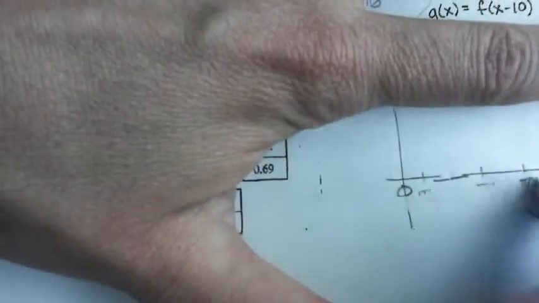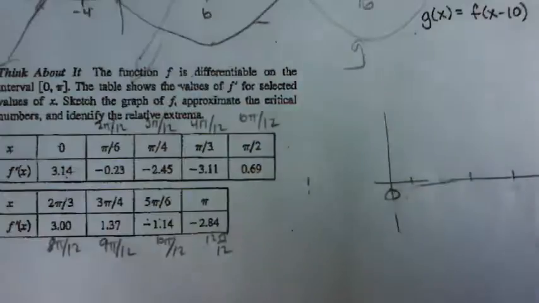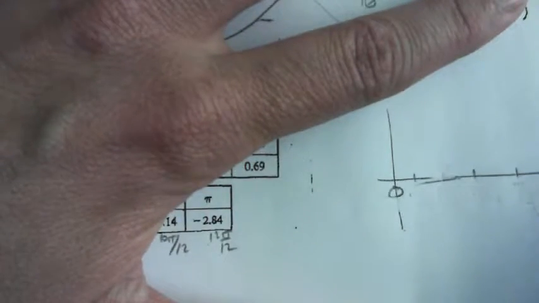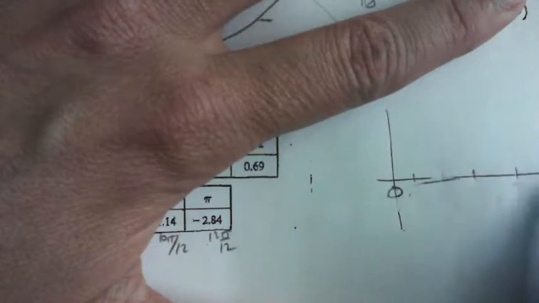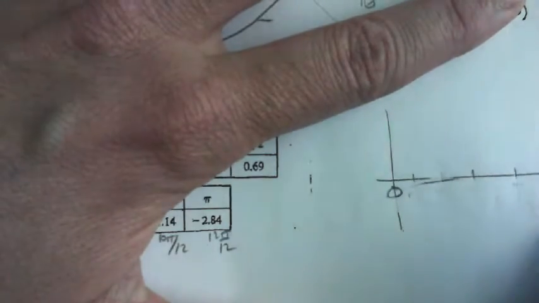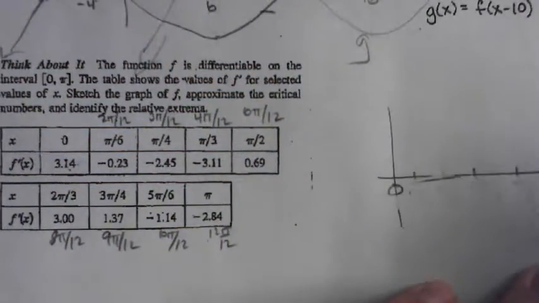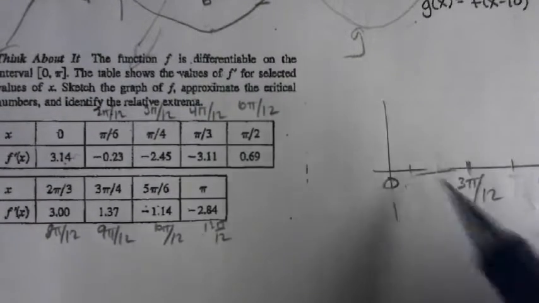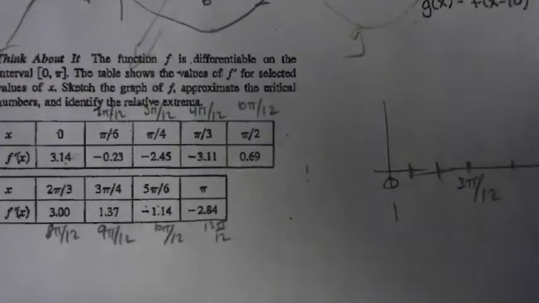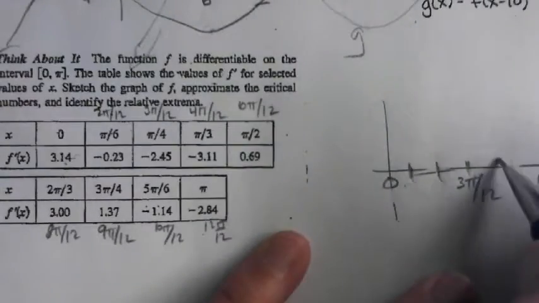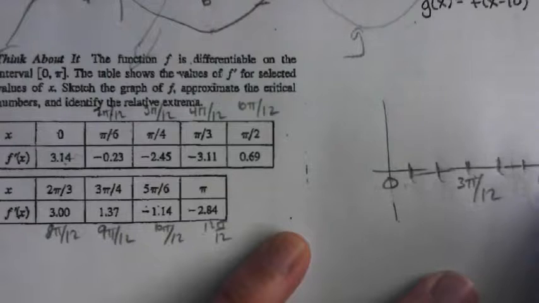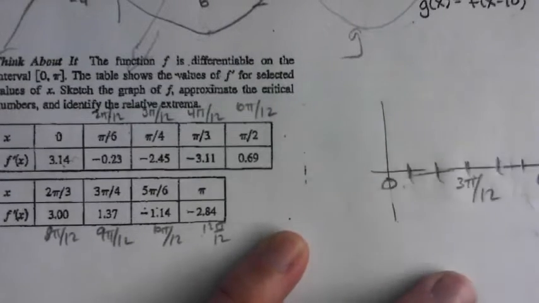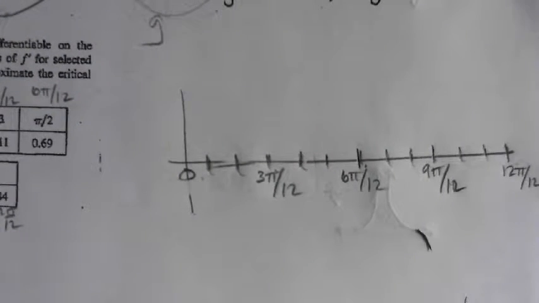I'm changing my mind, I'm doing it that way. 12 pi over 12, 6 pi over 12, 9 pi over 12. So 1, 2, 3, 4, 5, 6, 7, 8, 9, 10, 11. There. All these denominators make my life tougher.